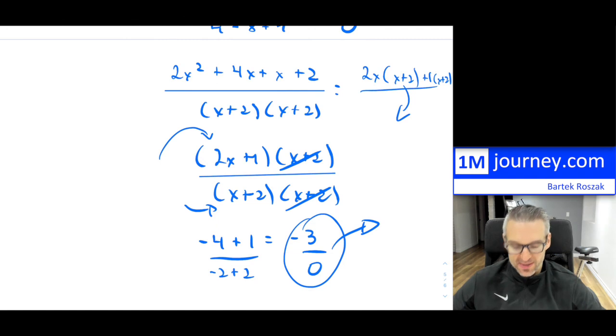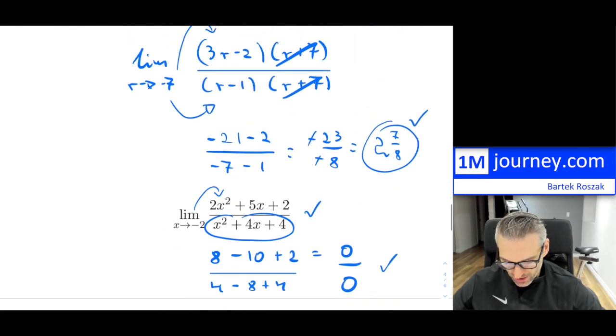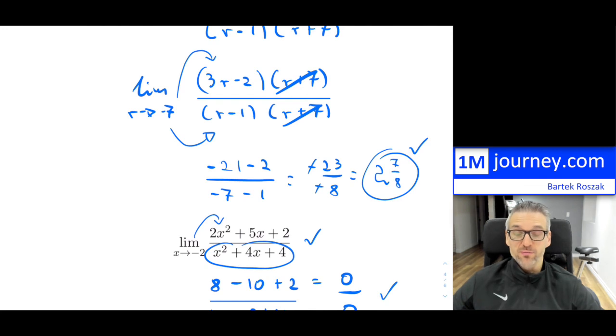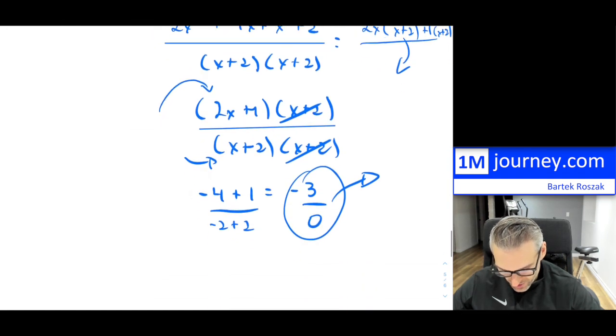We probably have some kind of infinite discontinuity there. While in all the other ones, we probably just have a removable discontinuity. So, great set of questions. This one, the limit does not exist.